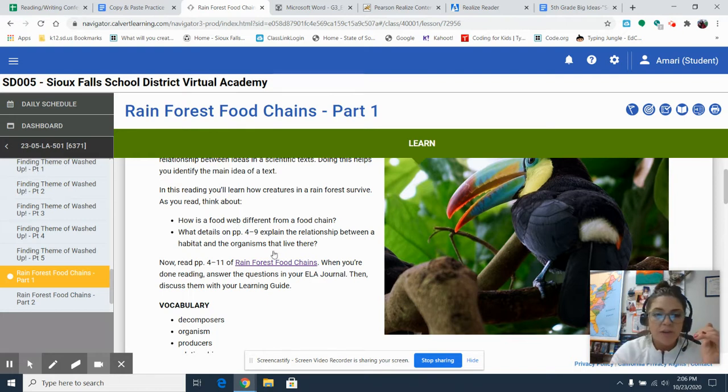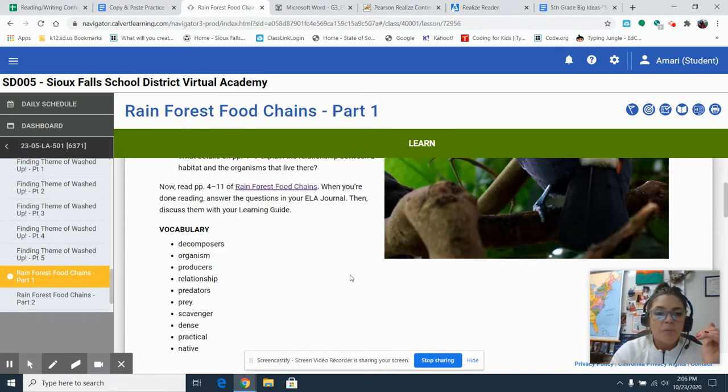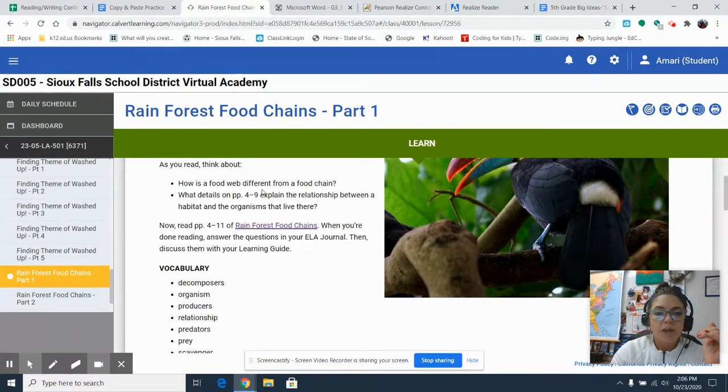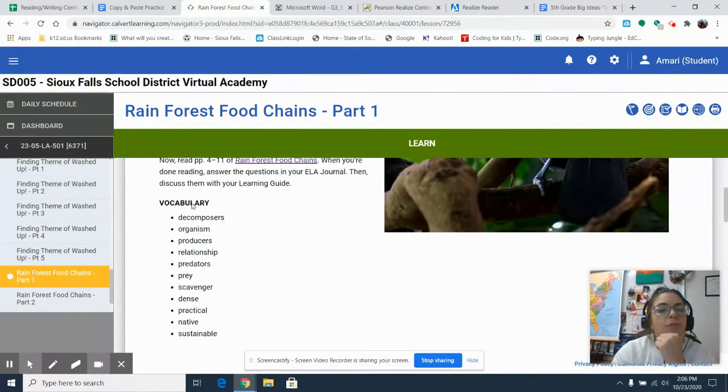So you'll click here for your book. And then when you're done reading, you're going to answer those questions that you were thinking about in your ELA journal or in your reading journal. These are some important vocabulary words that you're going to come across today. And my suggestion to you is that you look through each one of these. And if there's one that you don't know, take the time to look it up to learn them.